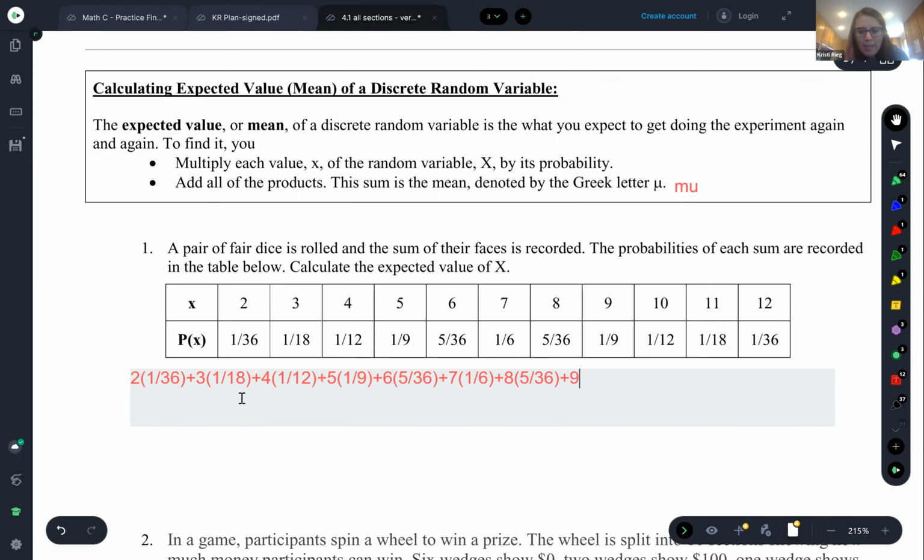Almost there. Plus 9 times 1 over 9. Oh, that's easy. That's 1. Plus 10 times 1 over 12. Plus 11 times 1 over 18. Plus 12 times 1 over 36.